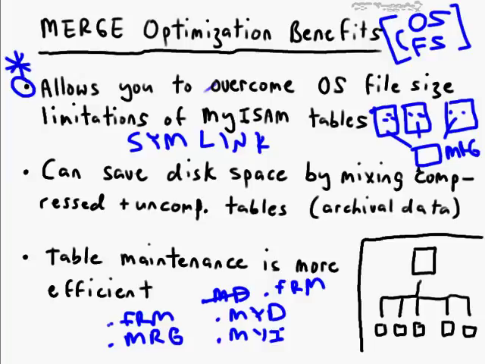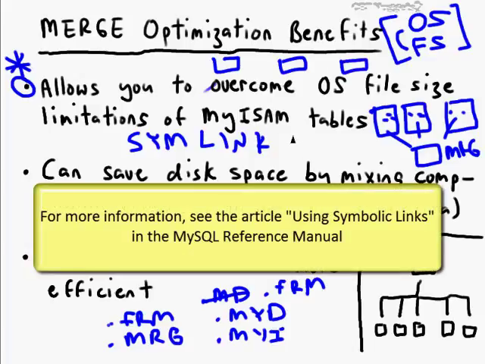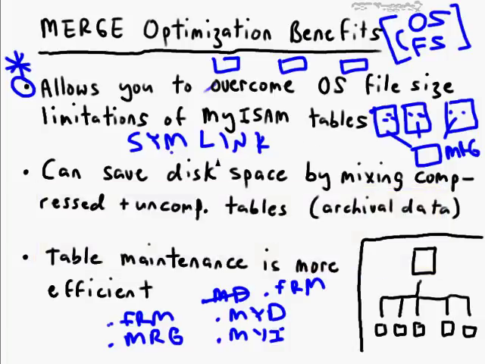I would recommend, if you're interested in doing this in production, that is to say, if you're interested in moving your table MYD files to separate physical hard disks or separate partitions, you consult the MySQL reference manual. It's our best friend, as you know, and you'll get the full skinny on creating those symbolic links in your data directory. But that's the biggest advantage of merge.